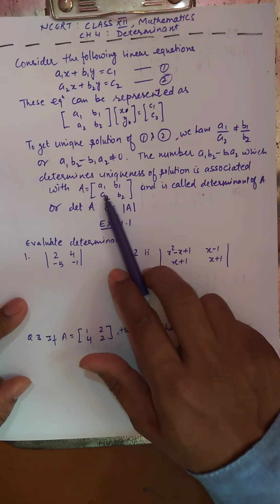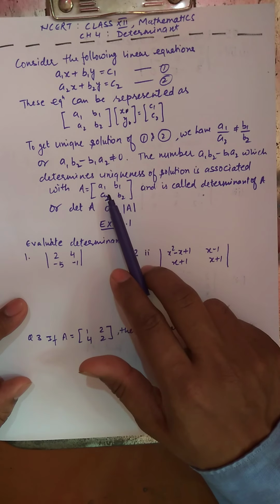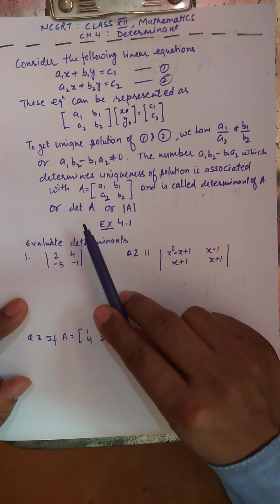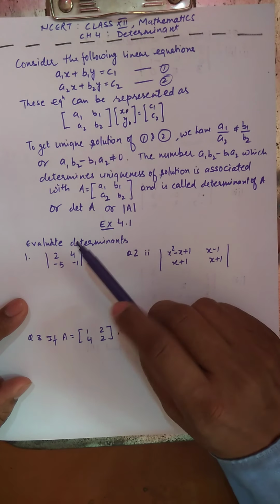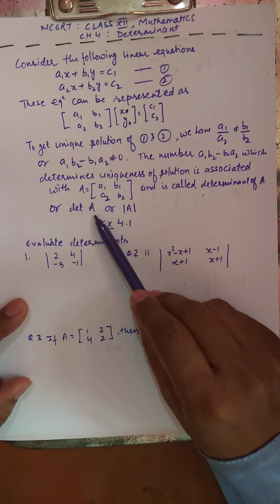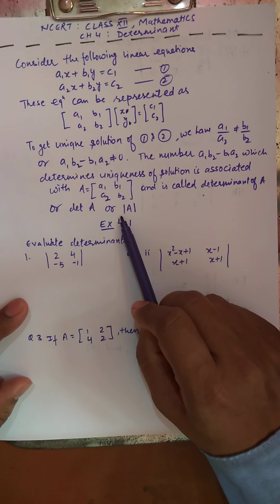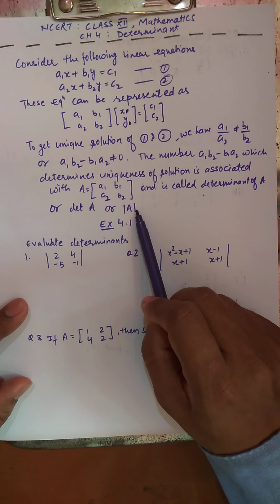So this is the first matrix, and the uniqueness is dependent on this matrix A and is called the value of A, called determinant of A, or det A in short form, or symbolically you can write determinant of A. I want to make it clear, this is not the modulus sign, this is the determinant sign, and this determinant means it has some specific value.